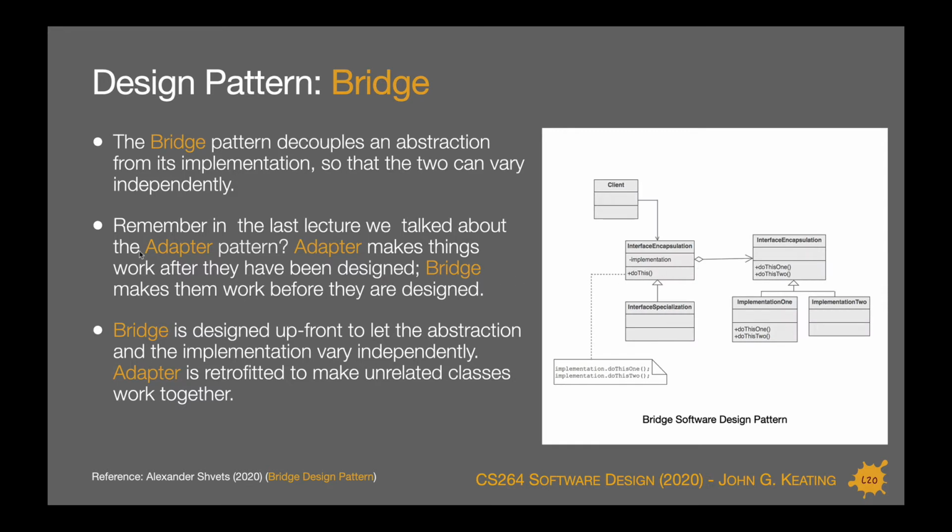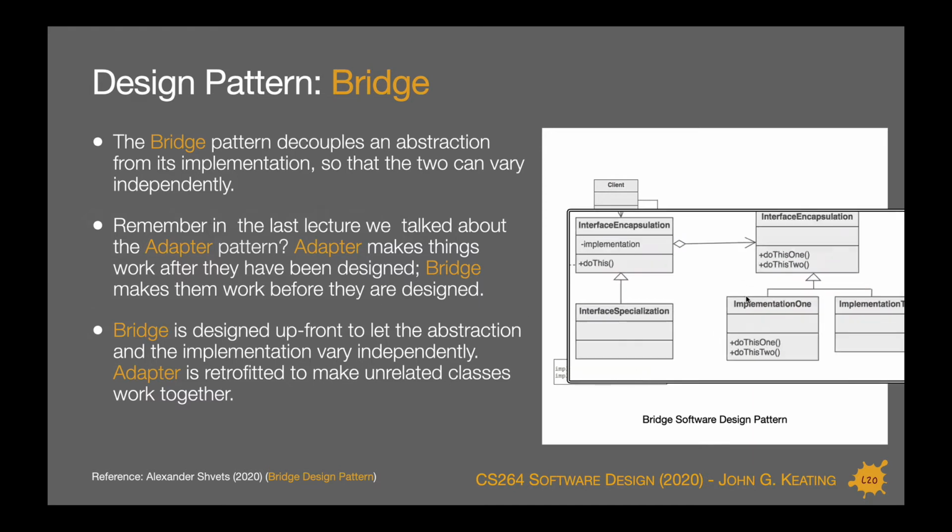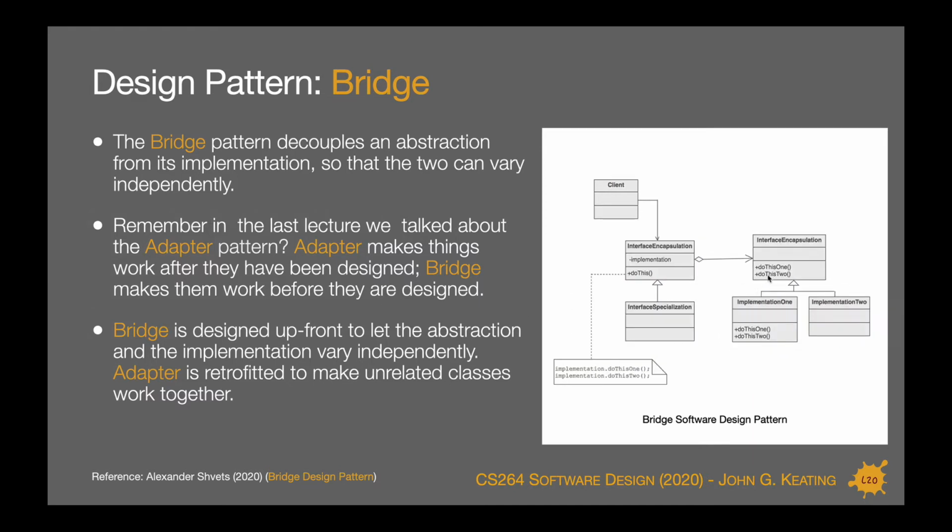Remember, in the last lecture, we talked about the adapter pattern, and the adapter pattern makes things work after they've been designed, and the bridge makes them work before they're designed. So the bridge is a design strategy here. The bridge is designed upfront to let the abstraction and the implementation vary independently, and the adapter is retrofitted to make unrelated classes work together.